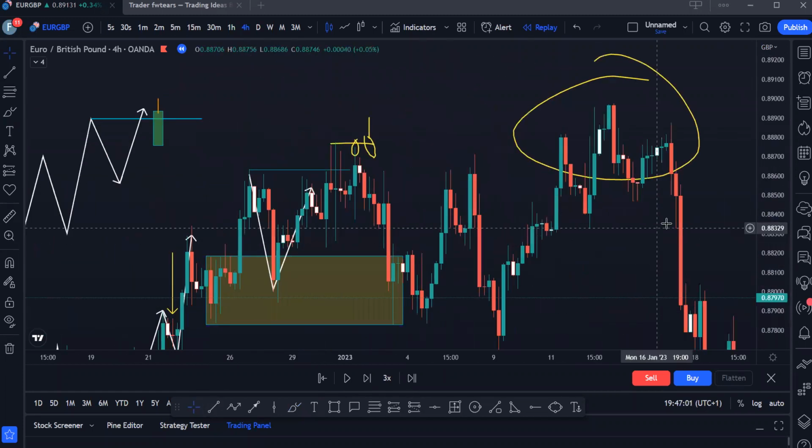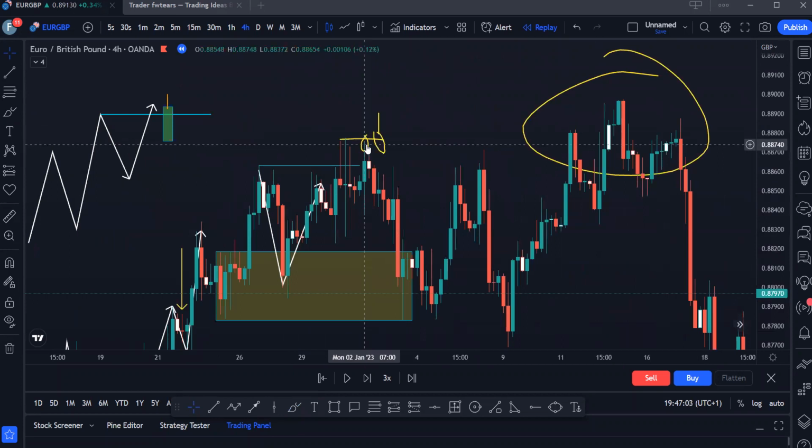Because if I get you right, for us to validate that price is still in an uptrend here, we're expecting this candle to close above this zone, isn't it? Exactly. That's how we should be.